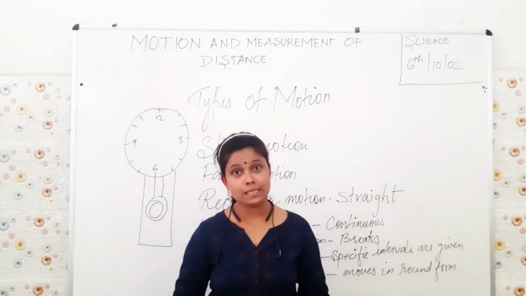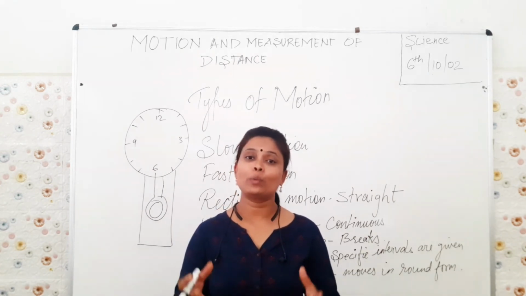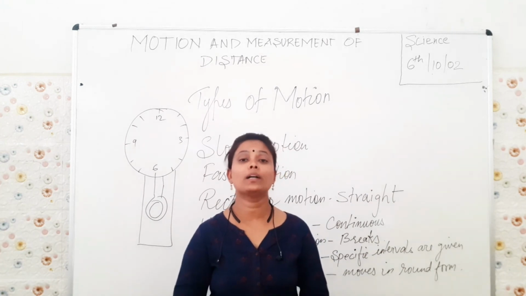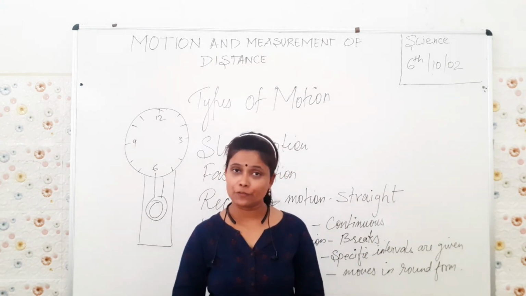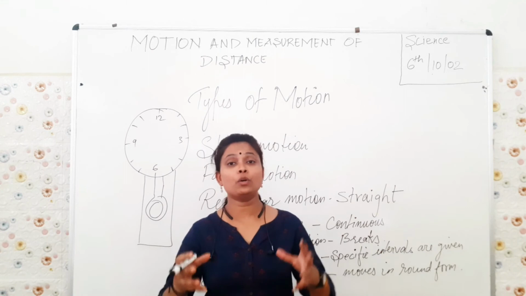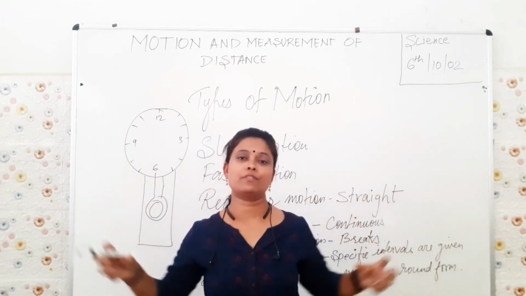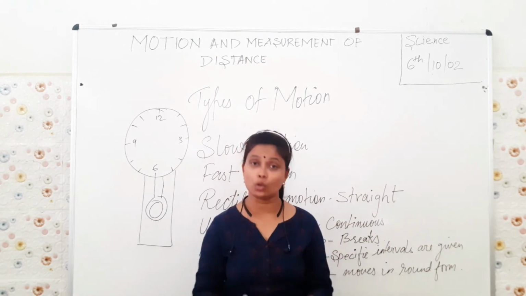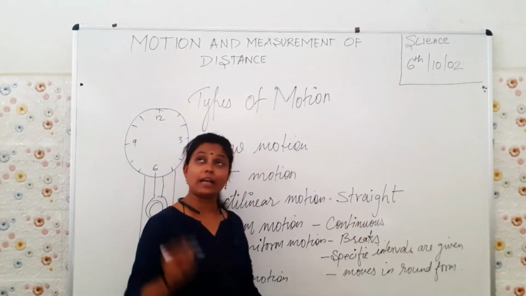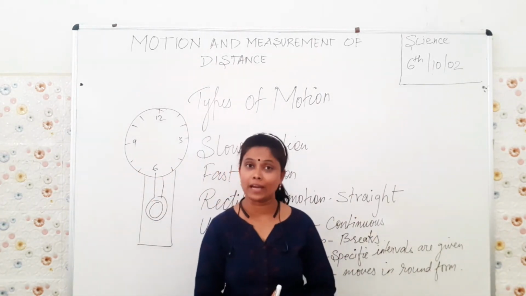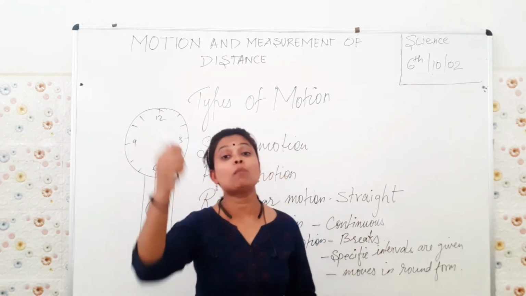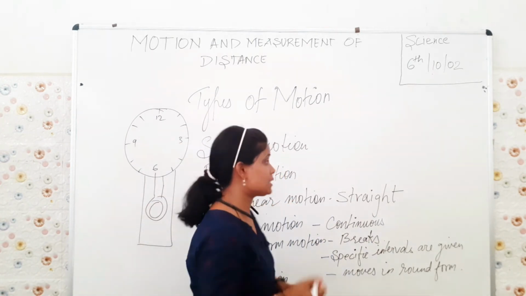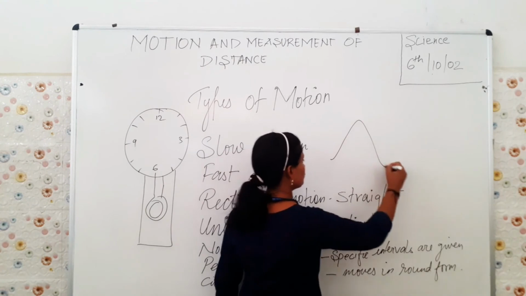If the distance is known, then only we can reach the place in a proper interval of time. And as we have differences in our surroundings, there is a difference in roads also. For circular motion, we have taken the example of the fan. If you go to the mountains, mountains have peaks like this.